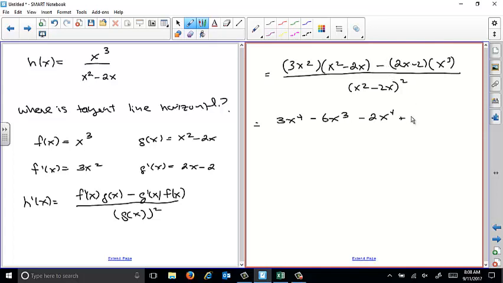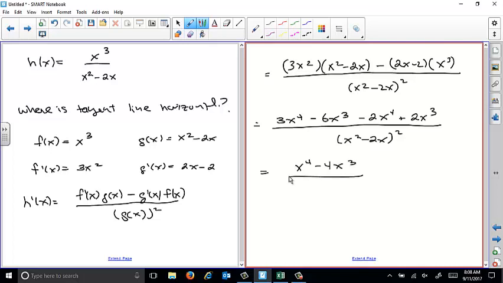So we get positive 2x cubed, all divided by x squared minus 2x, squared. And then finally we combine like terms, so we'll end up with x to the 4th minus 4x cubed over x squared minus 2x, squared. Okay, so that's the derivative.